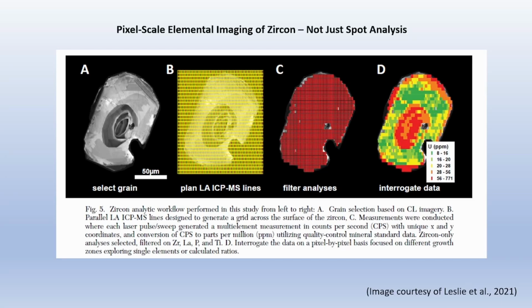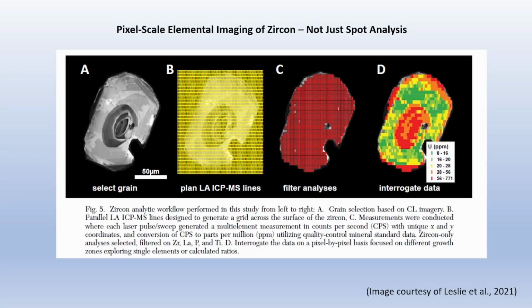Most porphyry-related zircon studies rely only on discrete spot analyses. What is unique about this study is that they used rastered laser ablation ICP-MS, with line scans across the entire zircon. You can see them in panel B, which created a high-resolution elemental map.